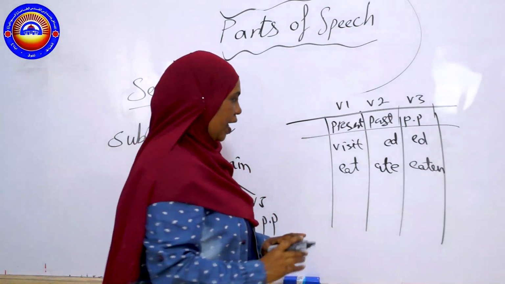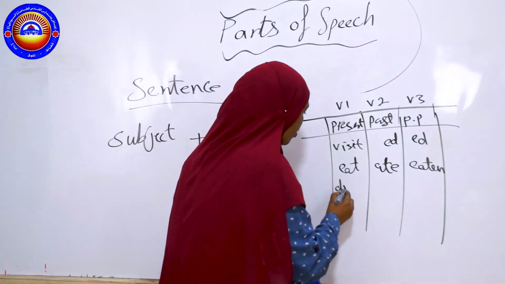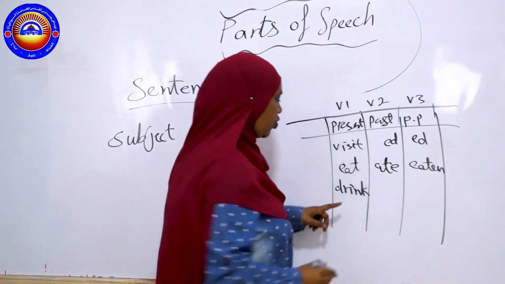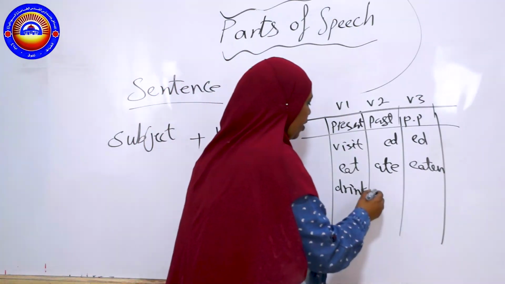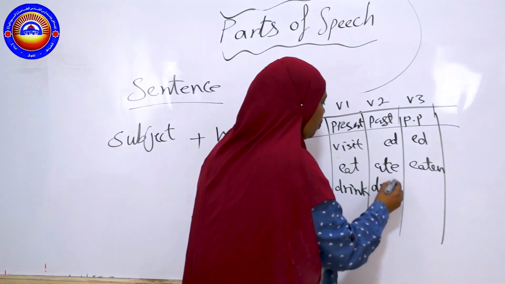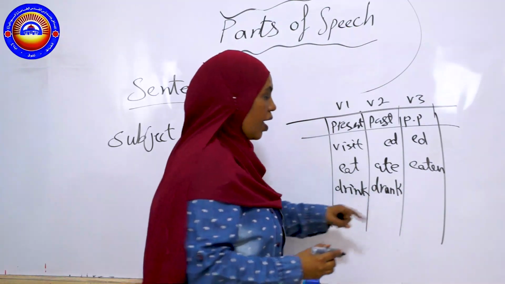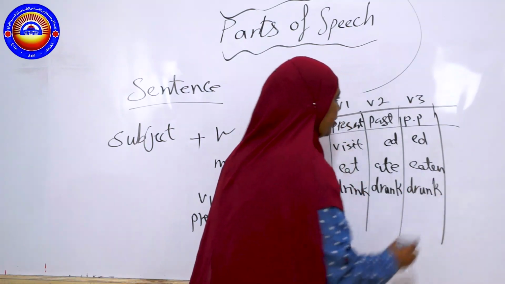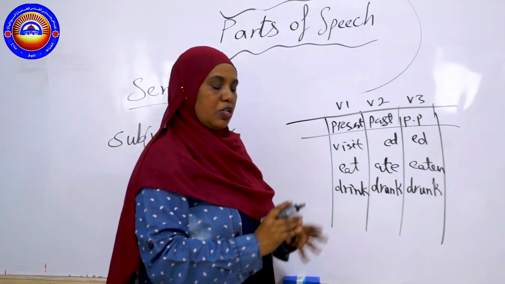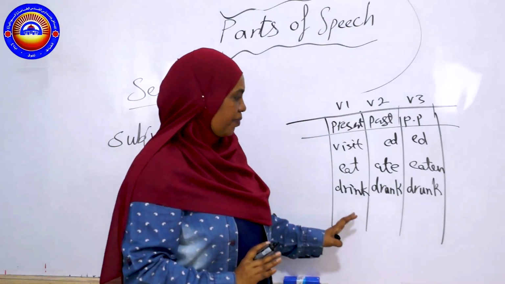Some of them have a pattern, like drink. When you have a word like this, with the letter I, in the past it will be changed to A, and it will be changed to U in the third category. But not all of them have this pattern.